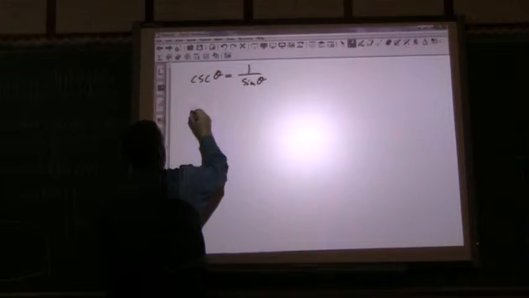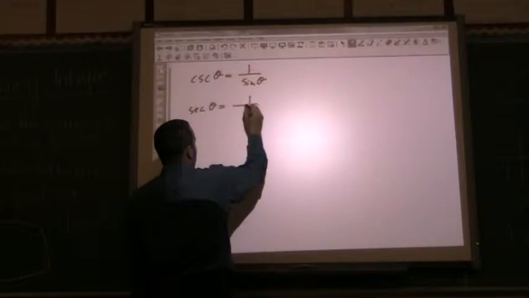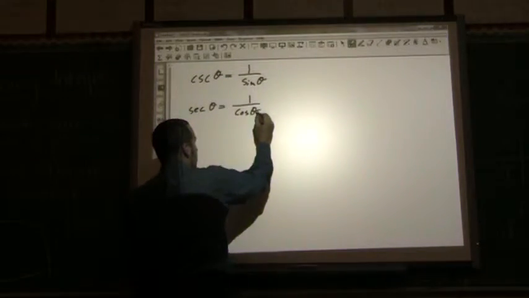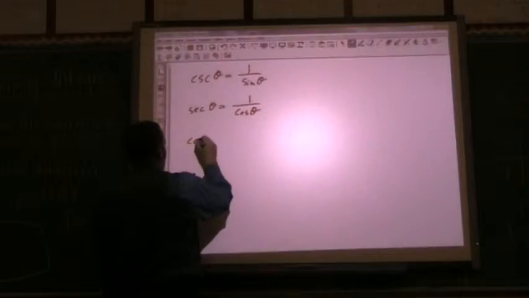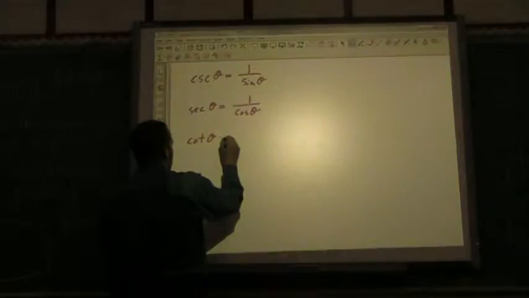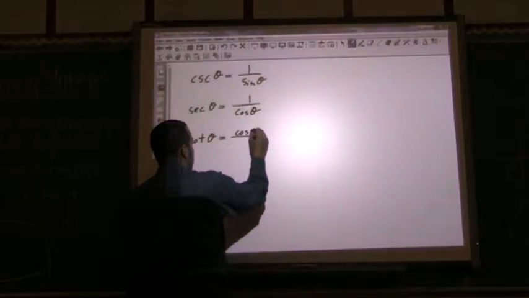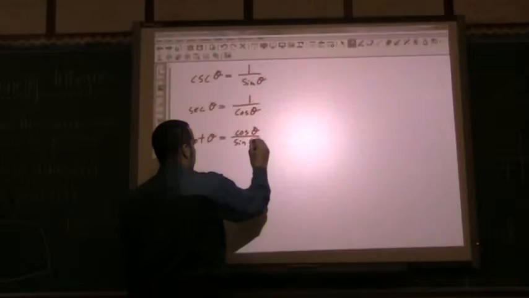And then secant theta is equal to 1 over cos theta. The board does not cooperate. Okay? And then we have cotan theta, which is equal to cos theta over sine theta.